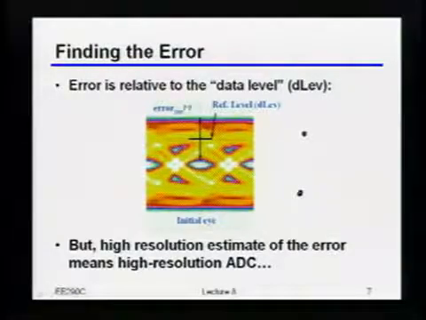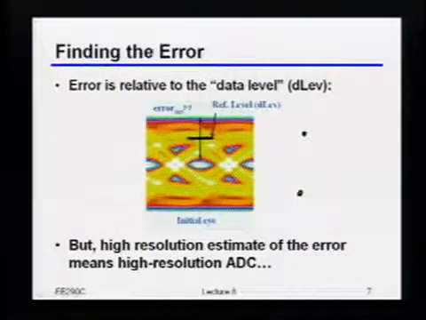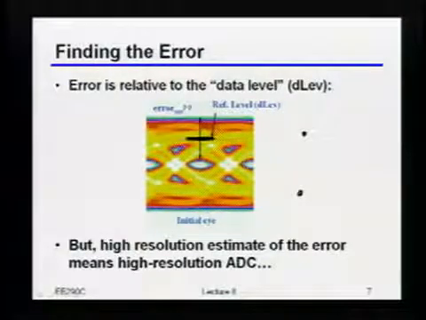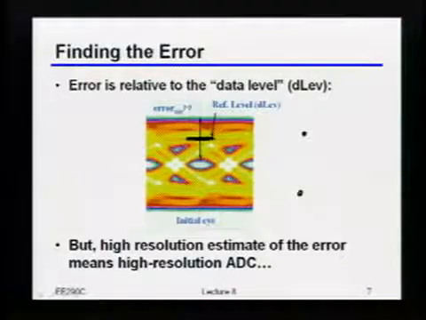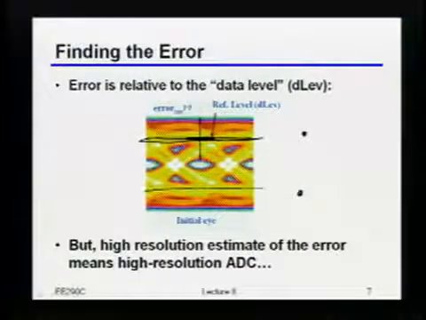So when I say error, what I really mean is, what are the excursions, or what are the analog voltages that I get that are not exactly just a +1 or not exactly just a -1?